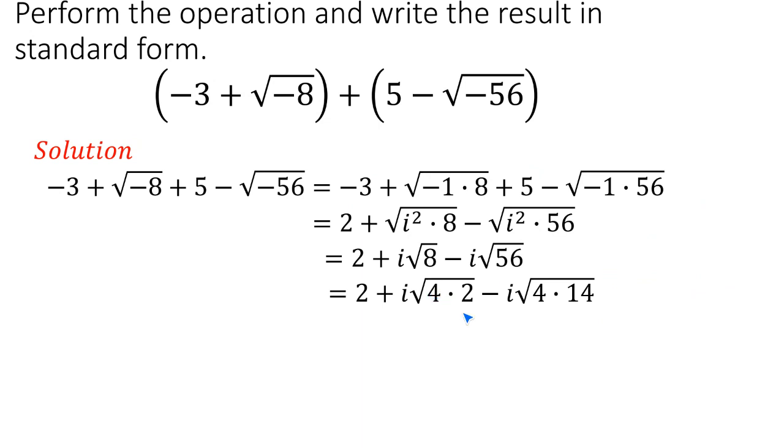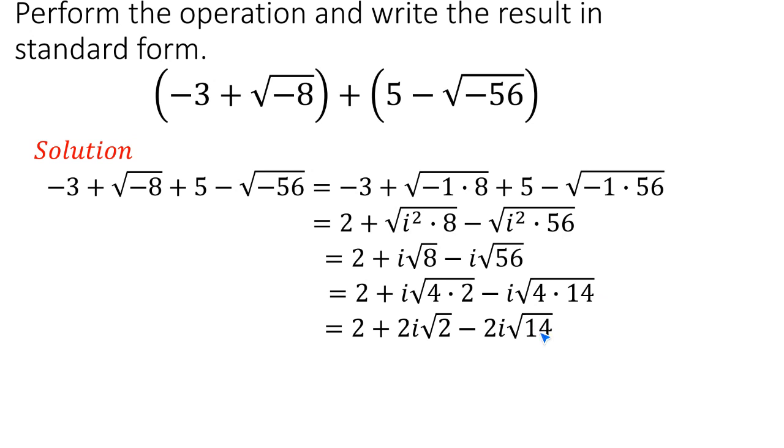Now for 56, I could write it as 4 times 14. The 4 comes out as a 2 and the 2 stays inside, and this 4 comes out as a 2, and my 14 stays in here.